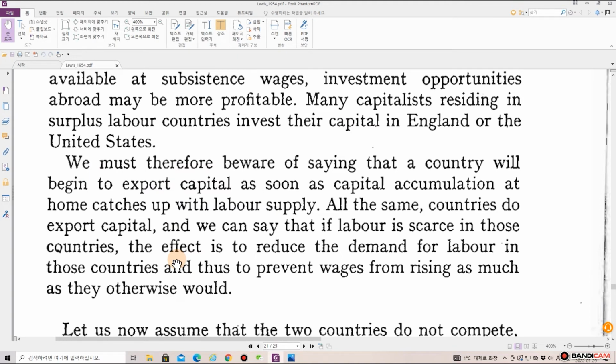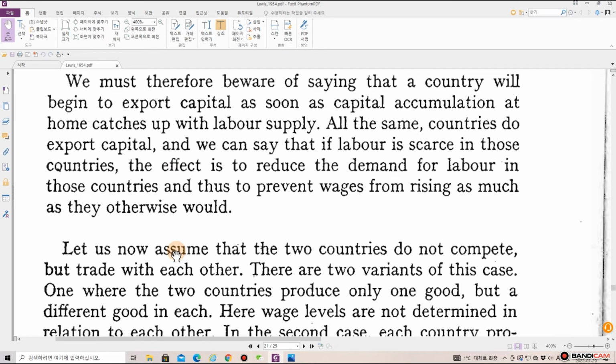We must therefore beware of saying that a country will begin to export capital as soon as capital accumulation at home catches up with labor supply. All the same, countries do export capital, and we can say that if labor is scarce in those countries, the effect is to reduce the demand for labor in those countries and thus to prevent wages from rising as much as they otherwise would.